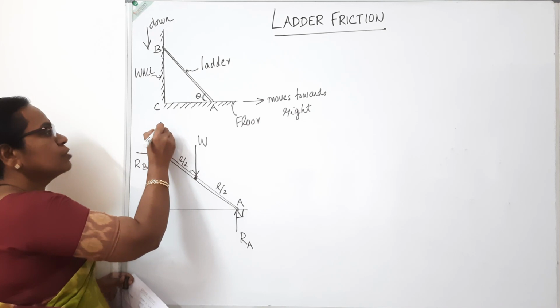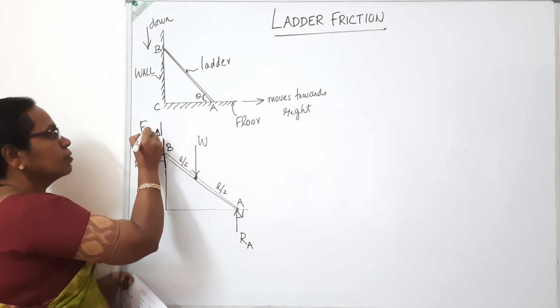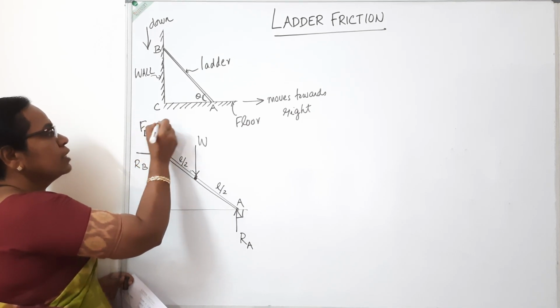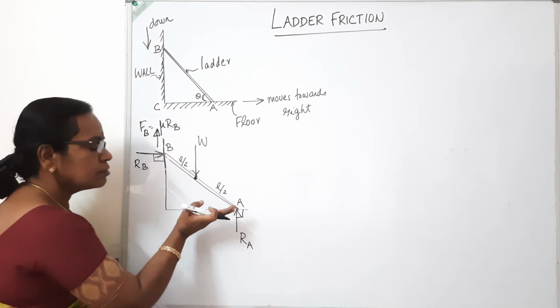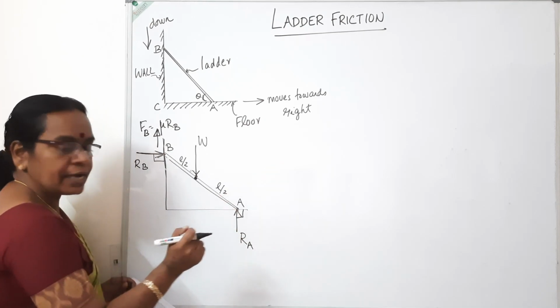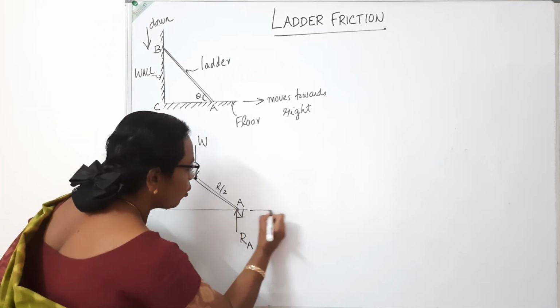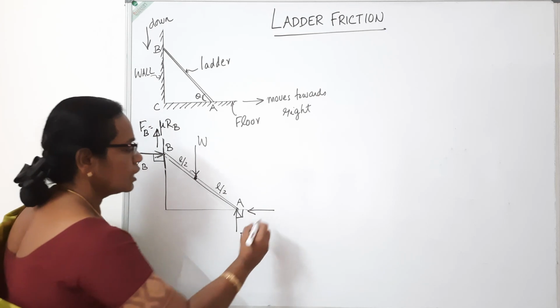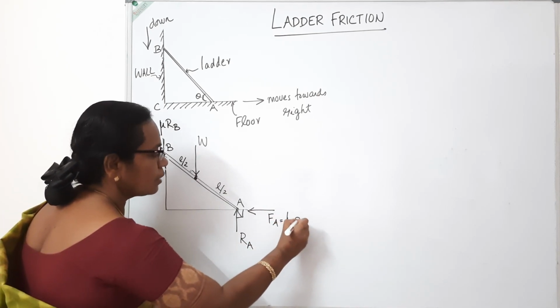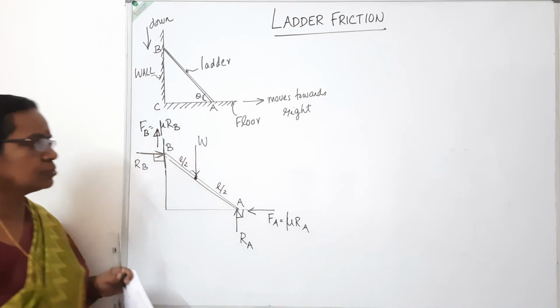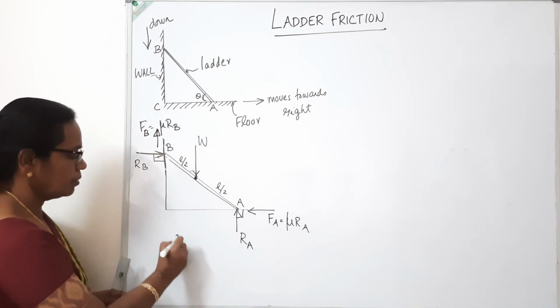So the frictional force at this point, FB, will be equal to mu times RB. Here this end tends to slip towards right, so there will be frictional force opposite to that. That will be FA. Friction at A will be mu times RA. So this is the free body diagram. Very simple.